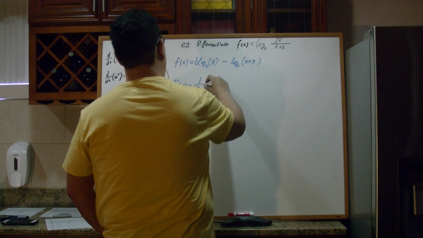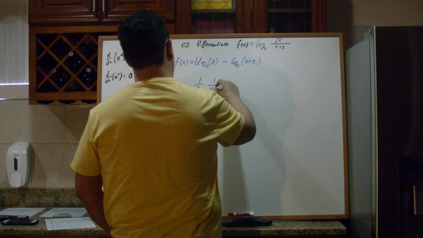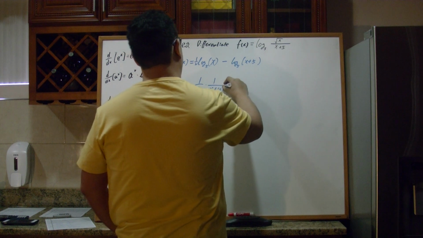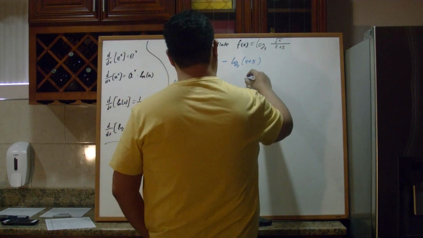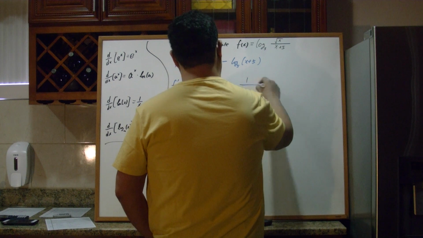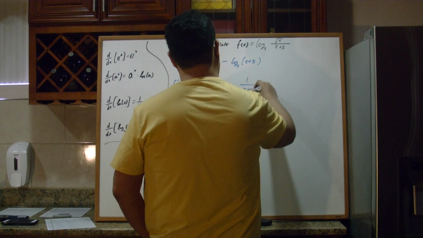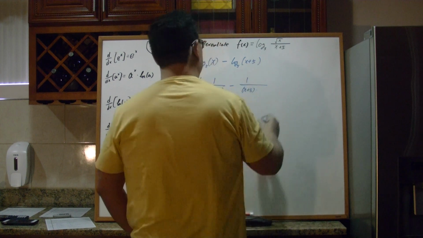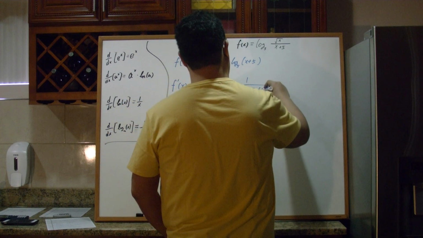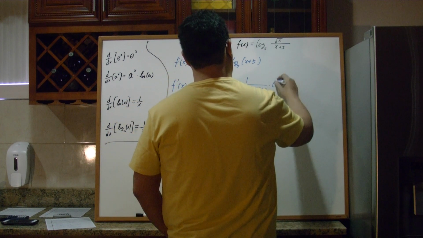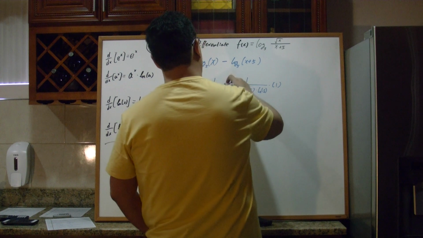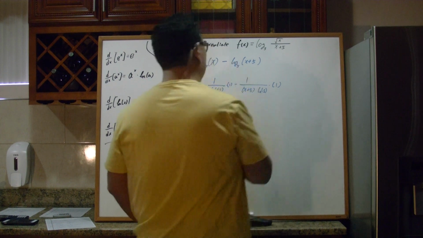That's 1 over 2 times 1 over x natural log of 5 minus 1 over x plus 5 times natural log of 5. And the derivative of the inside, if you want to show it, is 1 and 1.